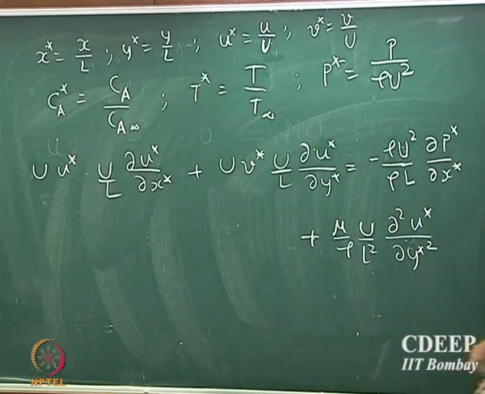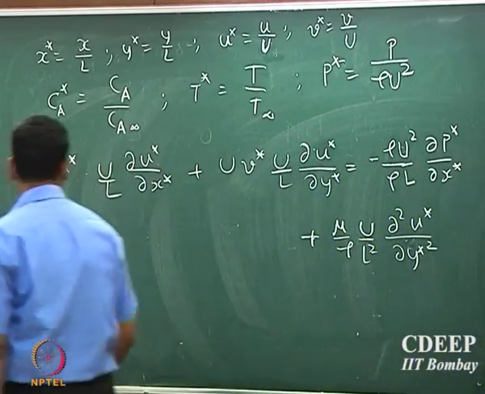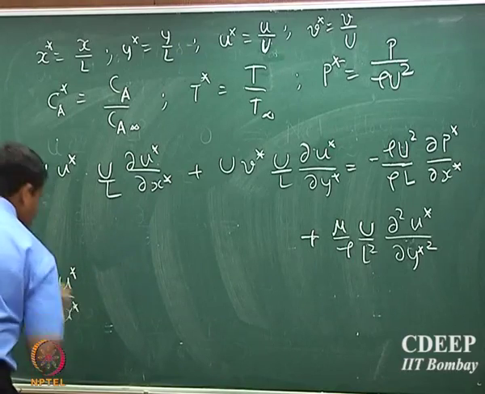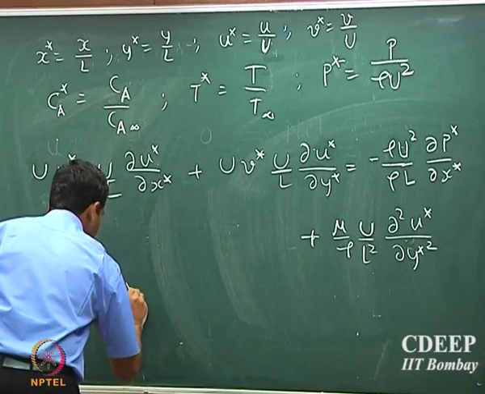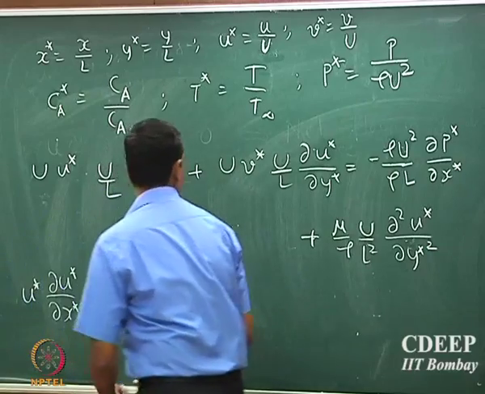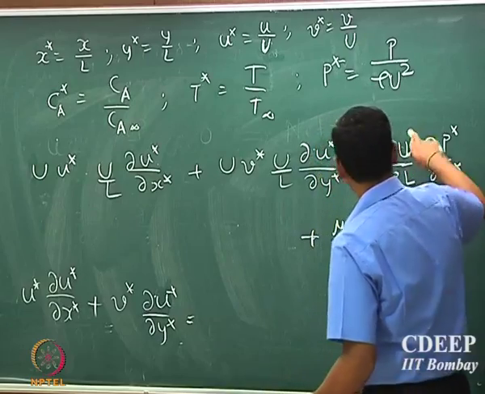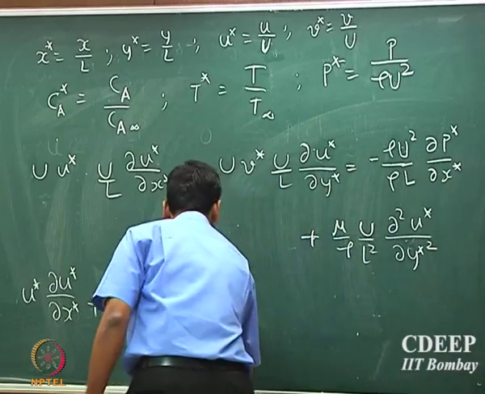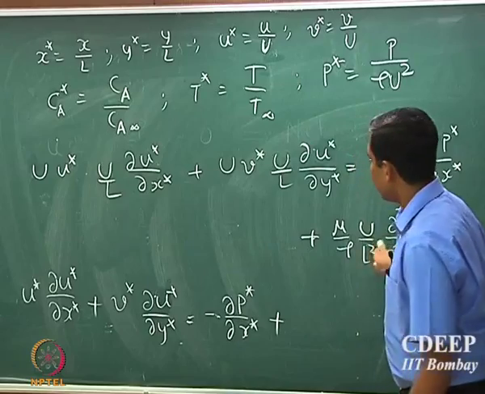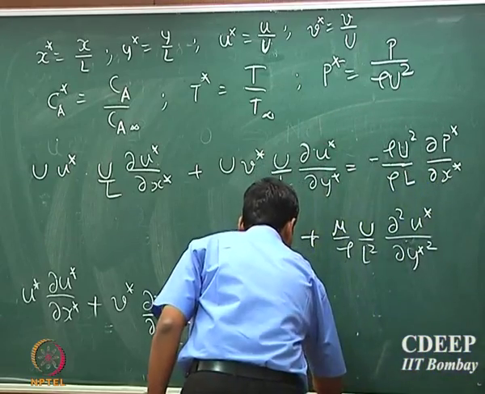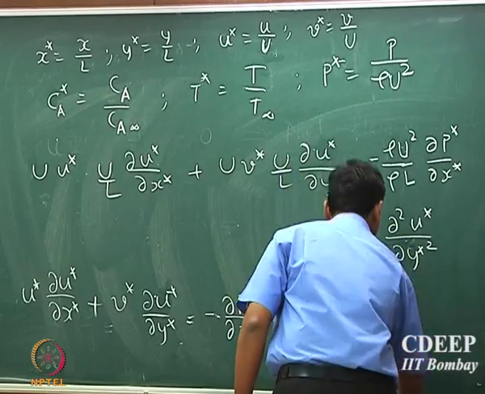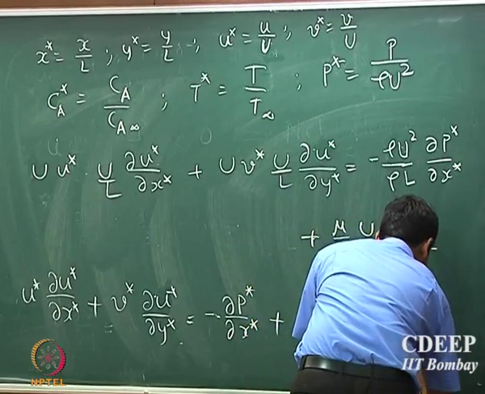So now if I cancel out all the like terms, this will become u star into du star by dx star plus v star into du star by dy star, that is equal to, so now I bring L by U square, so L by U square goes out, rho will cancel out, so it will be minus dP star by dx star plus, now I have L by U square, so that will be mu by rho into U by L square into L by U square into d square u star by dy star square.